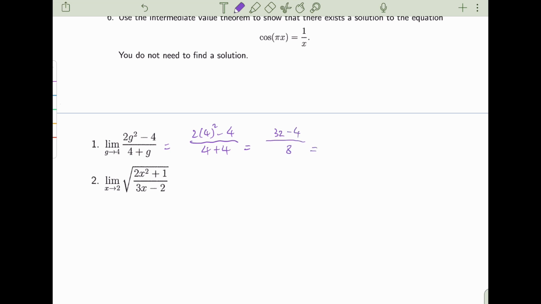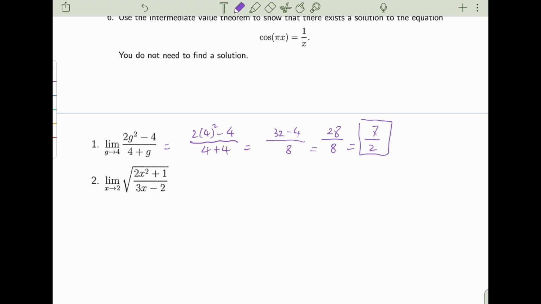That is 28 divided by 8, which simplifies to 7 over 2. So the answer is 7 over 2.